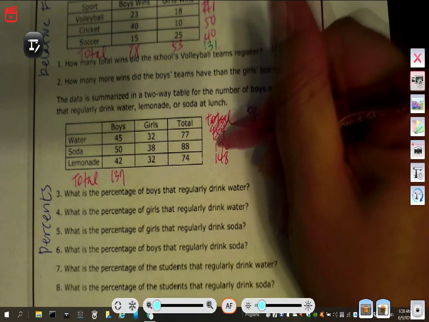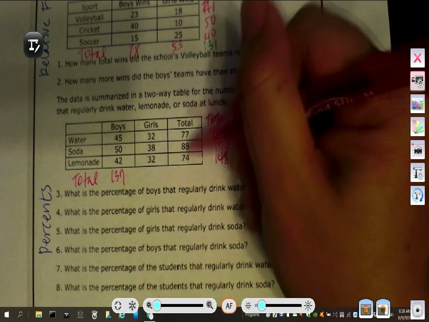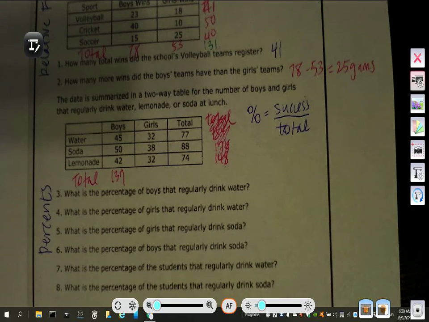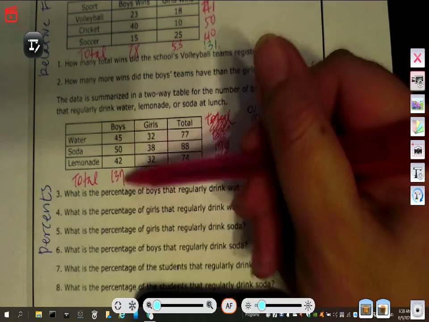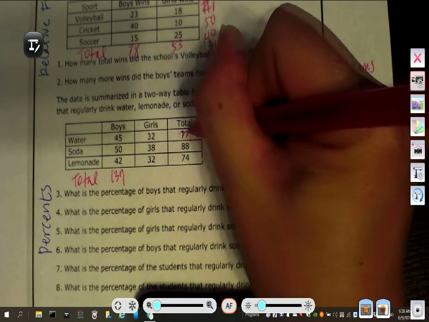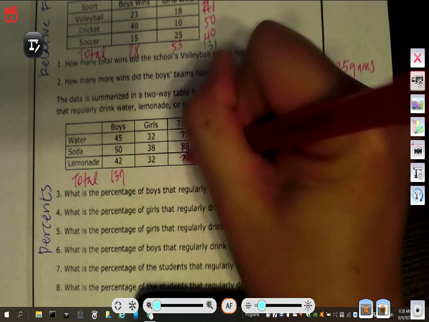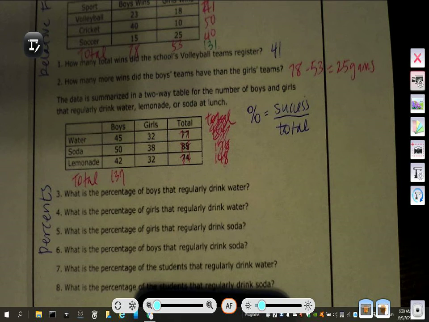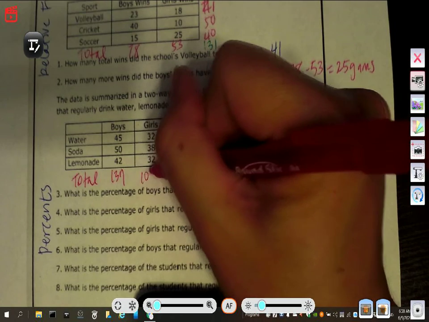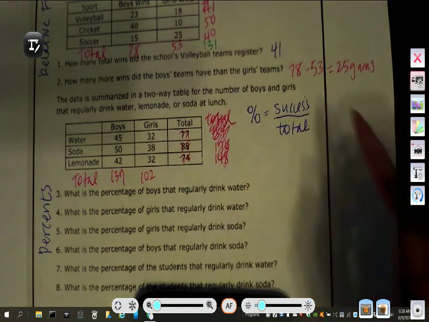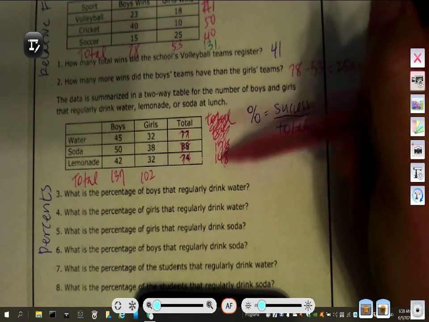Oops, sorry, I didn't realize this is already a total column. So this one actually should be red. And the girls column, same exact way. 32 plus 38 plus 32 is equal to 102. So there are 102 girls. Sorry, I added a column.